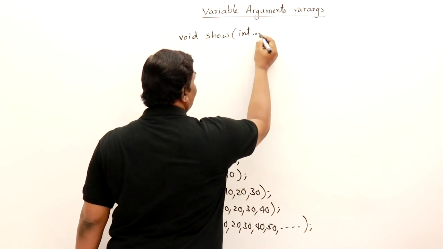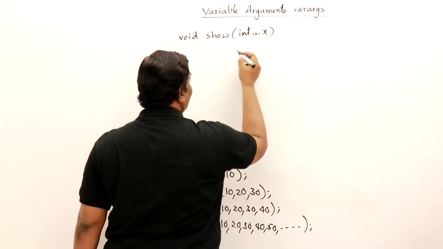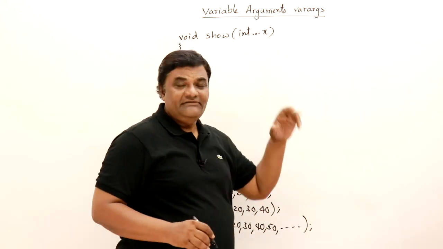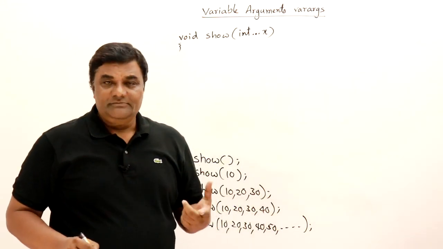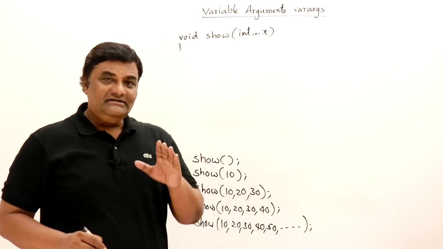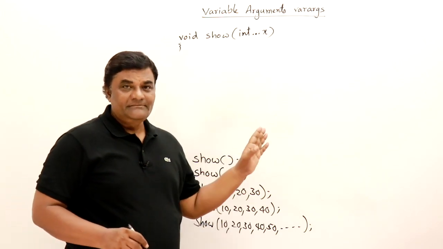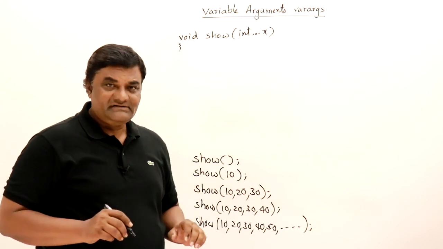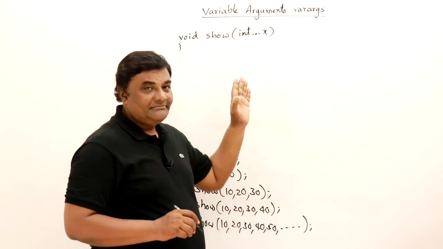Dot dot dot x. That's it. So this three dots defines a variable argument. This was there already in C++, but in Java 1.7 it is introduced, and this was called an ellipsis in C++. So here it is called a variable argument.